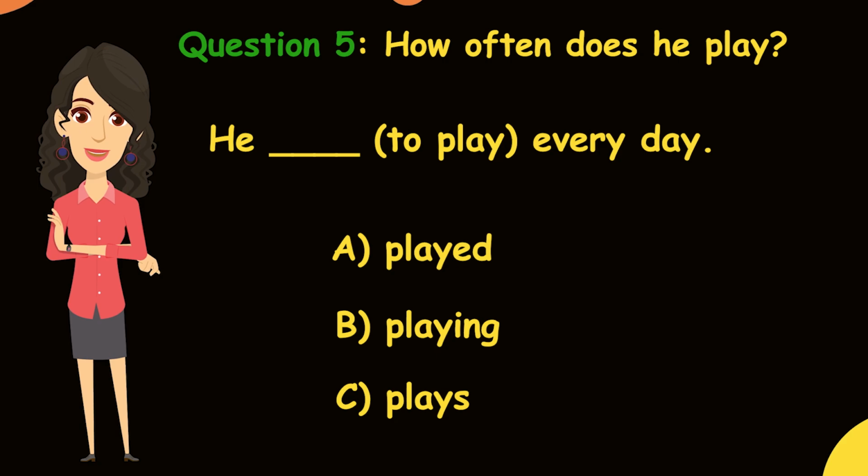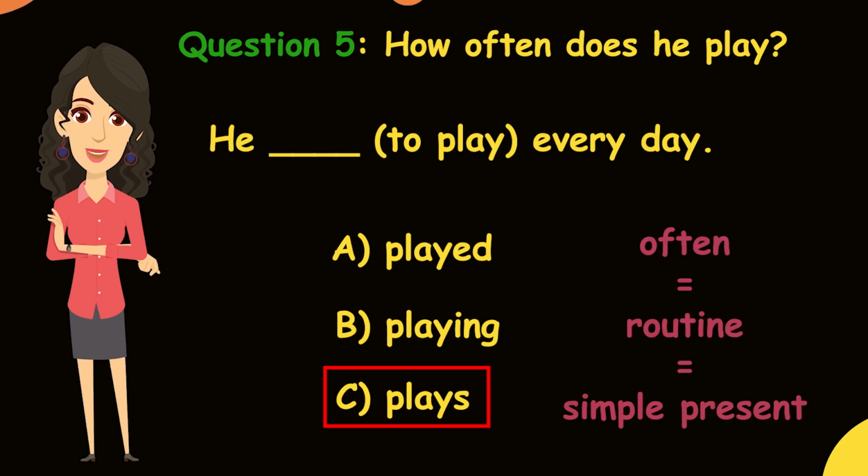The correct answer is C. He plays every day. Sorry for the trap, but this is the simple present, and this highlights that the past simple is not used for routines. For the simple present lesson, I invite you to watch the video after finishing this one.